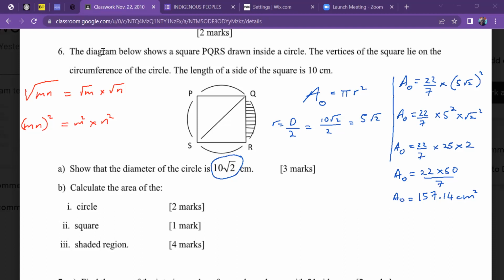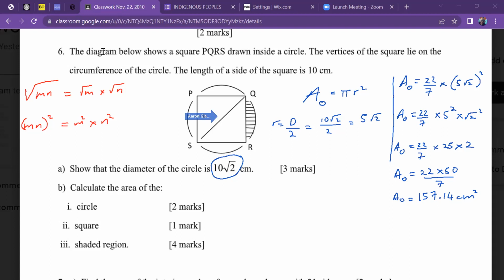Similarly, area of square is supposed to be very, very easy. Sir, I want to know if I missed something. When did we find the hypotenuse? The line SQ is also equal to the hypotenuse.